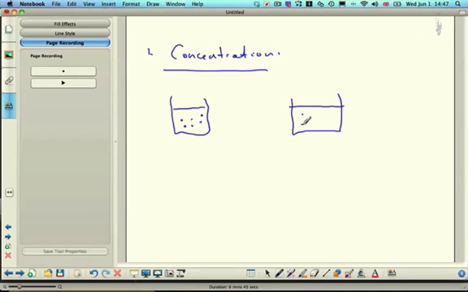And this one's got 1, 2, 3, 4, 5, 6, 7, 8, 9, 10, 11, and 12. This one has got a certain number of reactant moles in a certain volume, moles per dm cubed. But now you've multiplied this one by 2 because there's 12 reactant particles in here. So your concentration, or your moles per dm cubed, is higher.